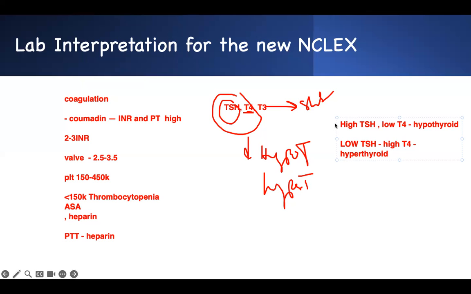Then you move on. It can't be pancreatitis because amylase and lipase are normal. It can't be cholecystitis because his AST and ALT are elevated. You can't have appendicitis and your AST, ALT elevated. It can happen, but that's not the norm. They're giving you a normal scenario.